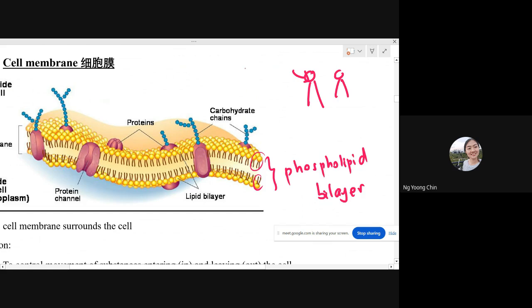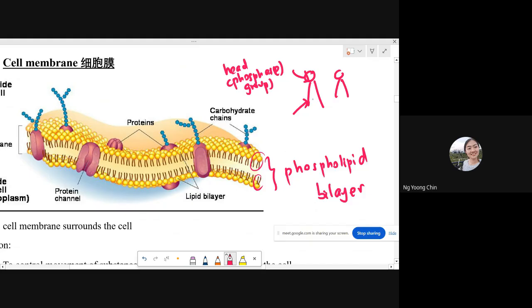So the head contains the phosphate. The head has a phosphate group.